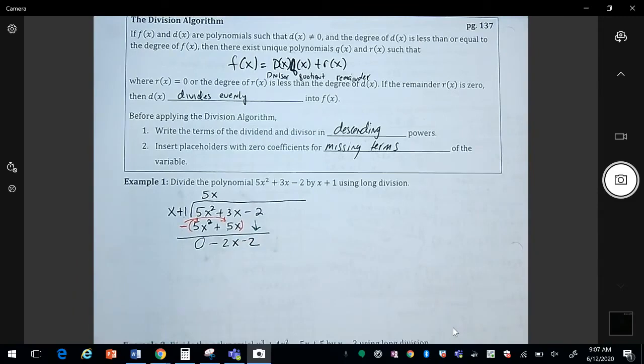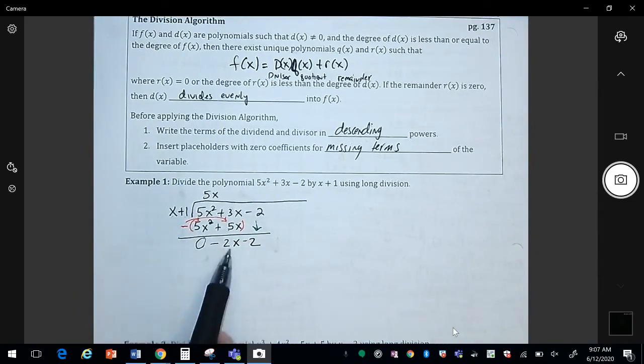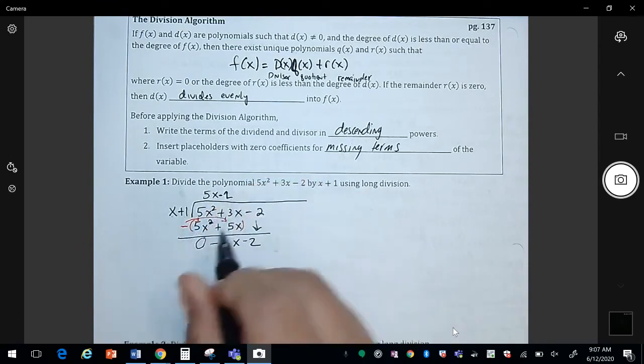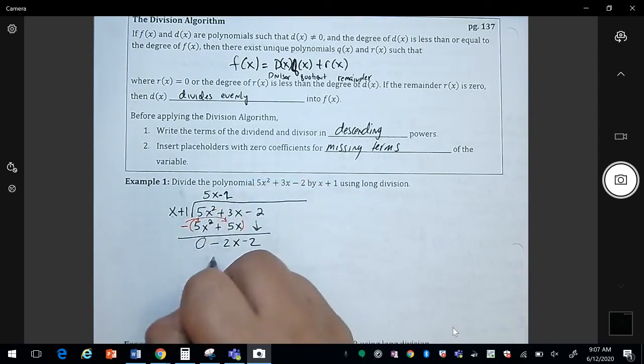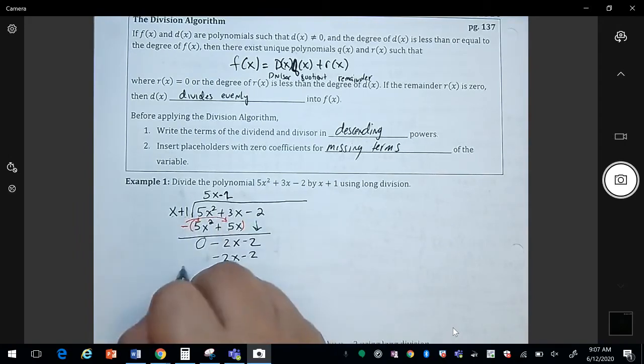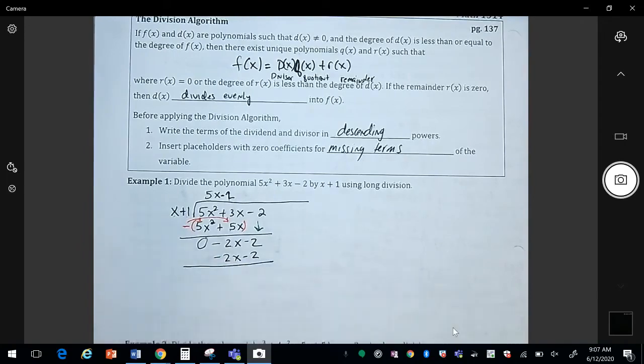And so we start the process again. x goes into negative 2x negative 2 times. So negative 2 times x is negative 2x. Negative 2 times 1 is negative 2. Since we're subtracting, like we did here, by subtracting this entire thing, we're changing the sign of each of these terms. So instead of a negative, this will become positive, because negative and negative is positive.